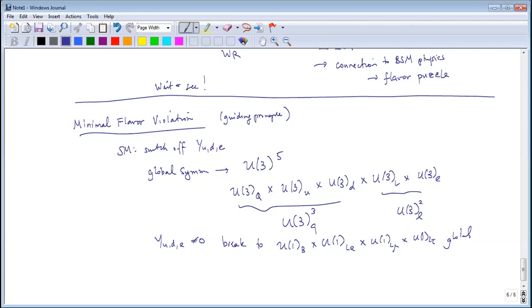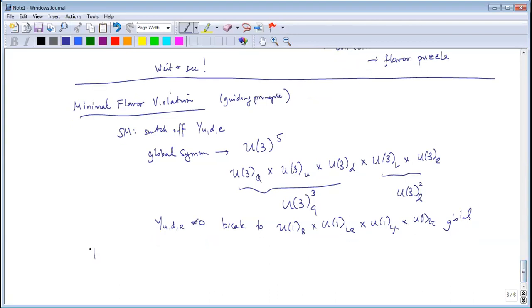And so basically any interactions that you have that break the SU(3) portions of the U(3)^5 are the flavor violating objects. Okay, you can see the U(1)s, there's some things where you have to be a little careful how you do the counting because we know that the standard model obeys this particular global symmetry among the U(1) factors.